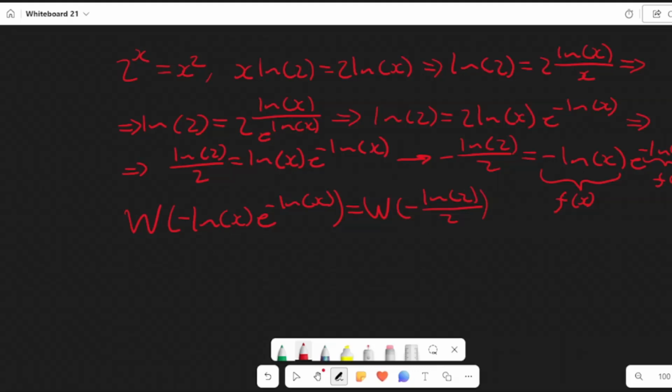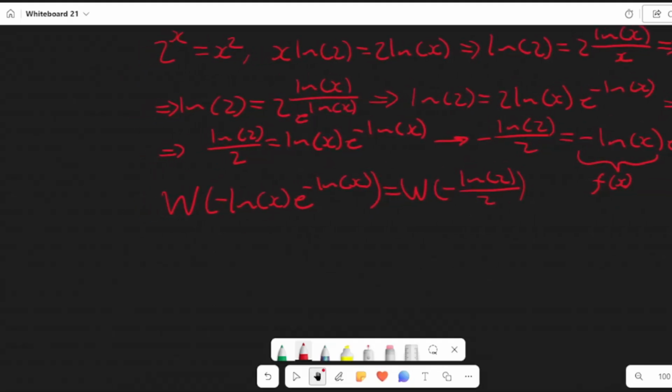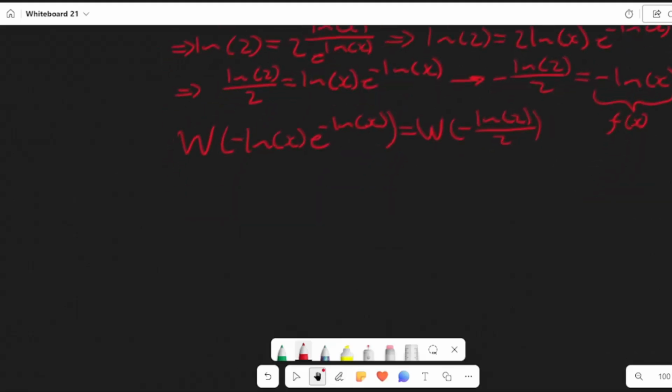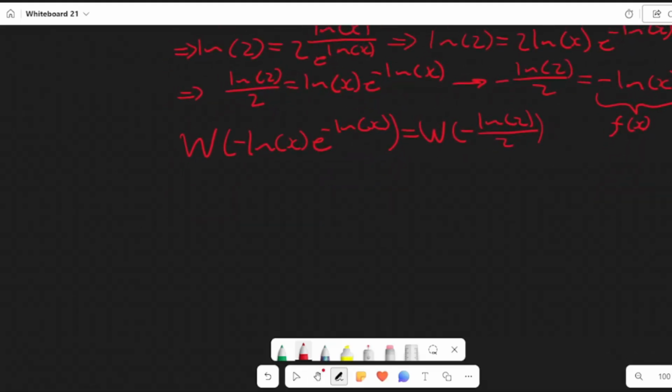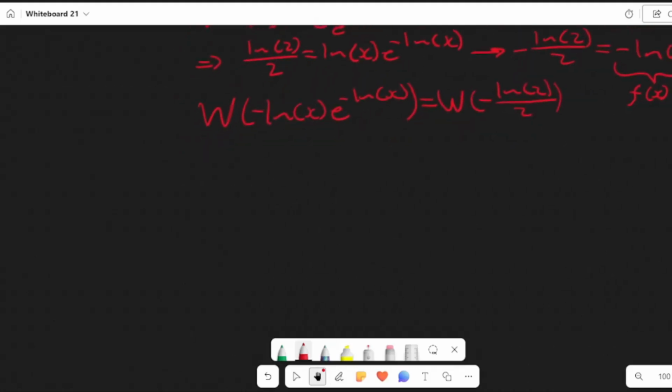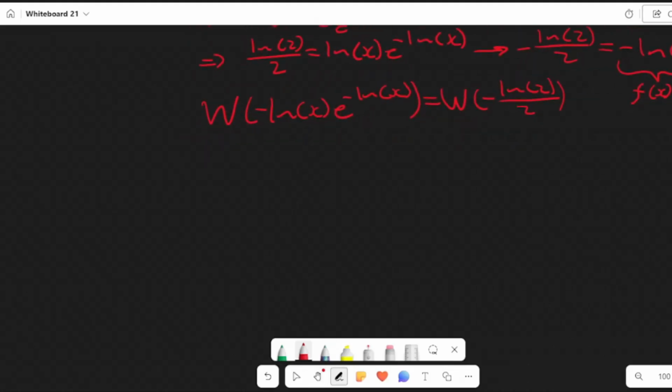It's the inverse of that function. So here we can actually simplify this. So it's natural log of negative natural log of x being equal to Lambert W function of negative natural log of 2 over 2.